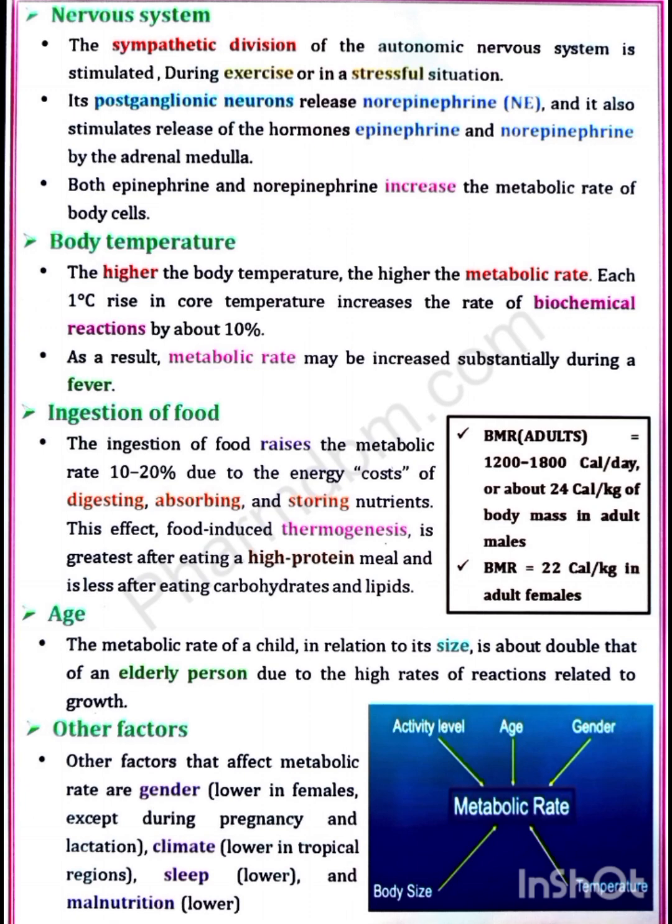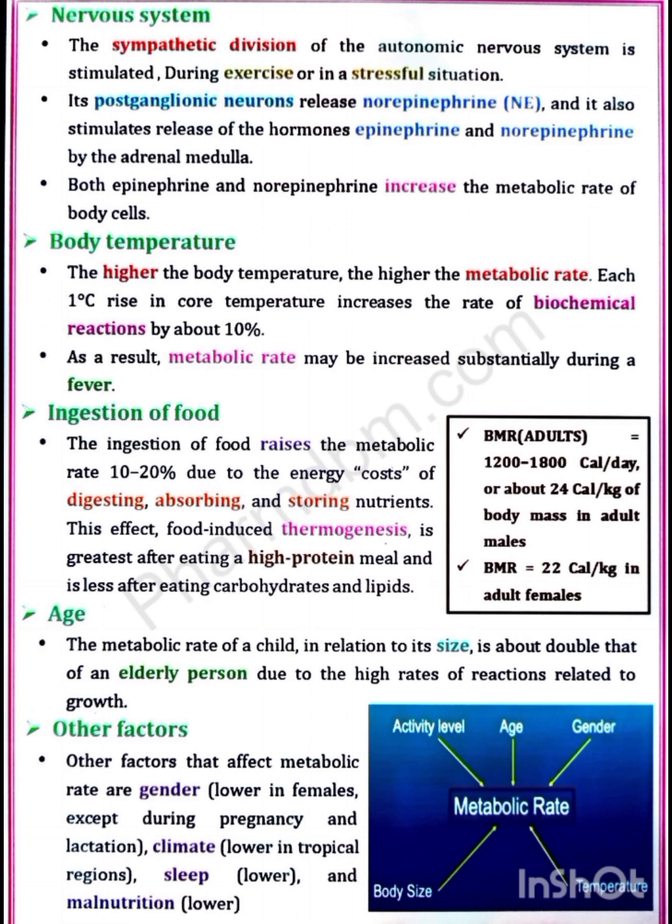Next, body temperature. The higher the body temperature, the higher the metabolic rate. Each 1 degree centigrade rise in core temperature increases the rate of biochemical reactions by about 10%. As a result, metabolic rate may be increased substantially during a fever.